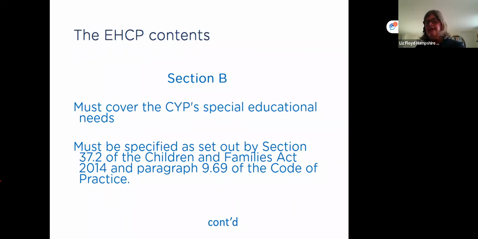We say to many callers that section B and section F are very important, because B has the needs and F has the provision. If you feel there's a glaring thing missing that you think is an important factor for your child's education, then it's really important to have a good combing over of this section. And it must be specified as well.